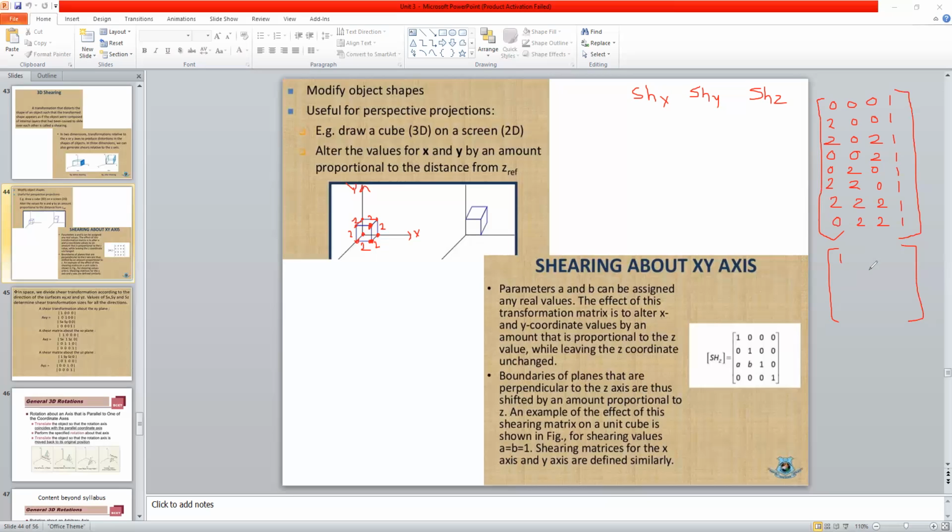So for that, always remember the diagonal elements are 1 in case of shearing and off-diagonal elements are non-zero. But here these 3 elements are there for projection purpose. These 3 elements are there for translation purpose. So the remaining values we will put. So here I will have some, let us say 3 and 3.